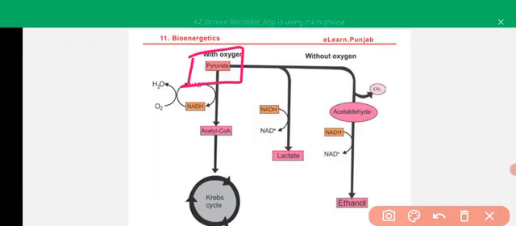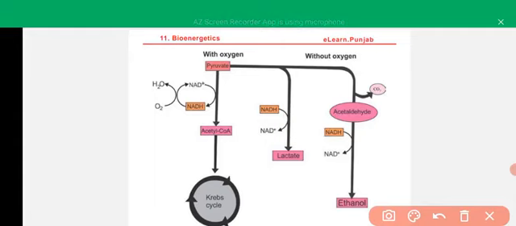This is where you decide whether it is aerobic or anaerobic respiration, and the product decides whether it is lactic acid fermentation or ethanolic fermentation. With oxygen, it goes to acetyl coenzyme A and enters the Krebs cycle, then goes into the electron transport chain and provides a lot of energy to us, like 36 ATP net gain in eukaryotes, 38 ATP net gain in prokaryotes, and the total gross product is equal to 40 ATP.